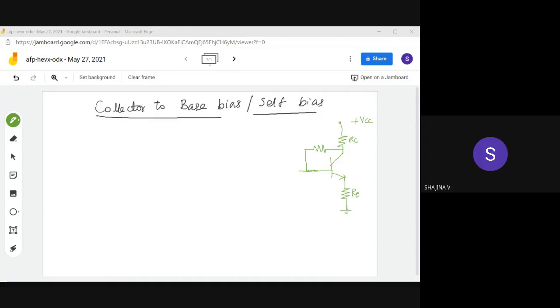Now differentiating with respect to IC. So derivative of VCC with respect to IC will be 0 minus, now minus IC into RC. For that, with respect to IC, derivative of IC will be 1 into RC. Okay, minus IB into RC is there. So RC is constant. For IB, it is DIB by DIC.